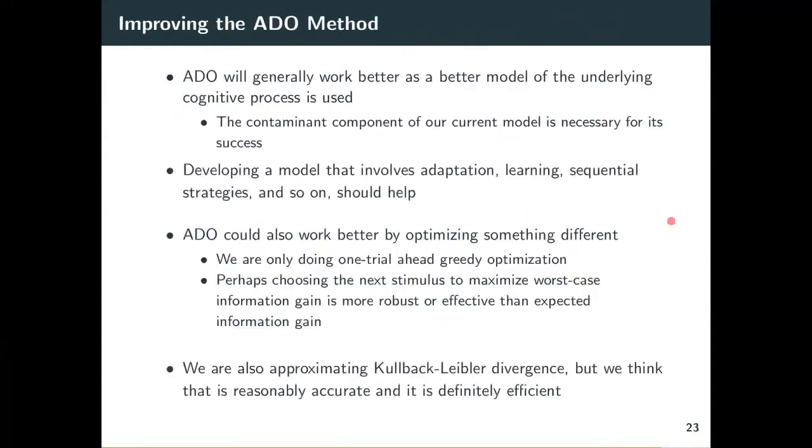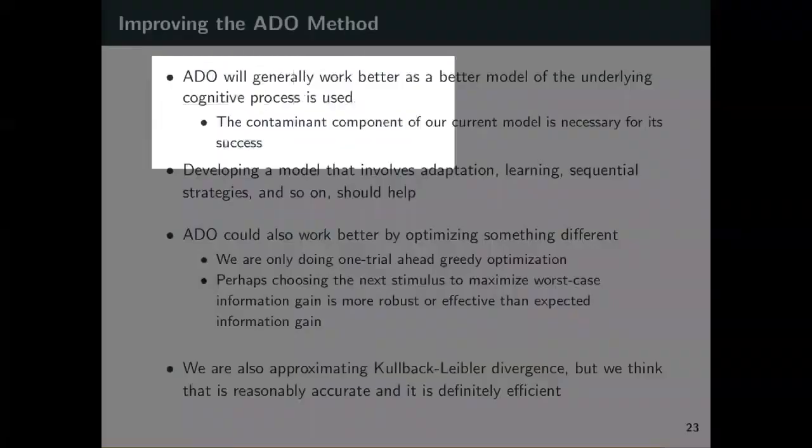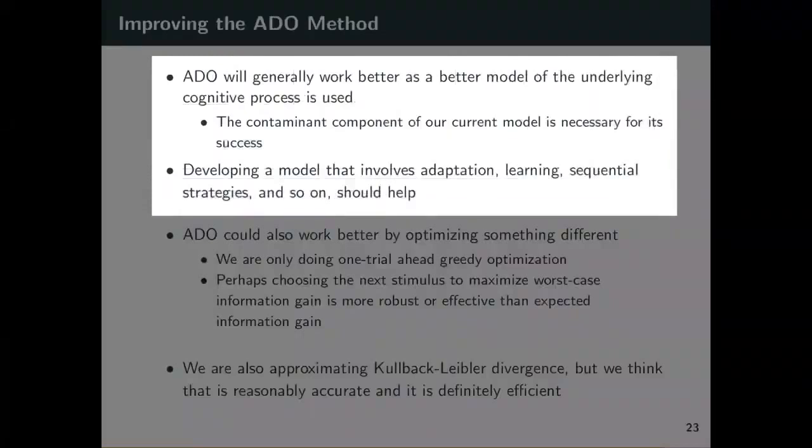Despite those promising results, it's always possible to do better, and there are two main ways in which we could look to improve the performance of adaptive design optimization further. One is through improving the cognitive model. It's generally the case that the better the underlying cognitive model, the better adaptive design optimization will perform because those predictions about future behavior become better.